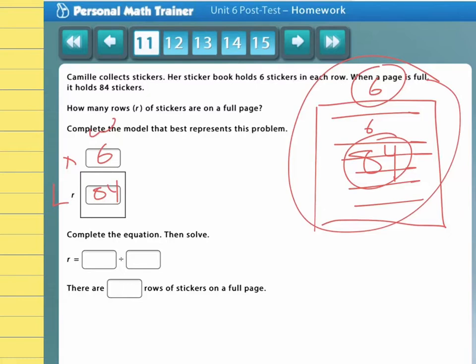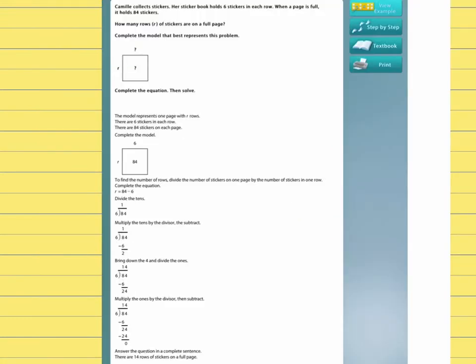So in order to find the length, or R, you do the inverse operation. So you do 84 divided by 6, and that will tell us the answer. So we got 84 divided by 6, and it shows us the work here. And so the answer is there should be 14 stickers in each row, because 14 times 6 is equal to 84.